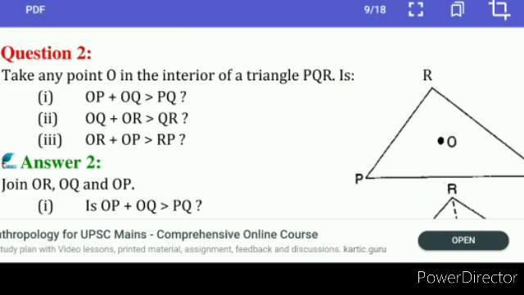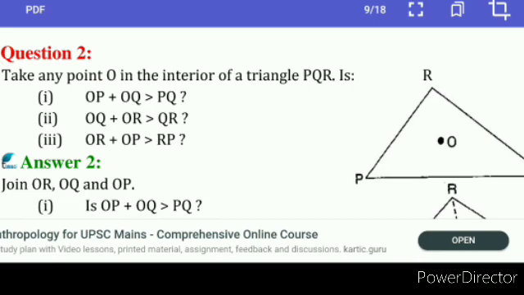Question 2. Take any point O in the interior of triangle PQR. Is OP plus OQ greater than PQ? Or OQ plus OR greater than QR? Or OR plus OP greater than RP?